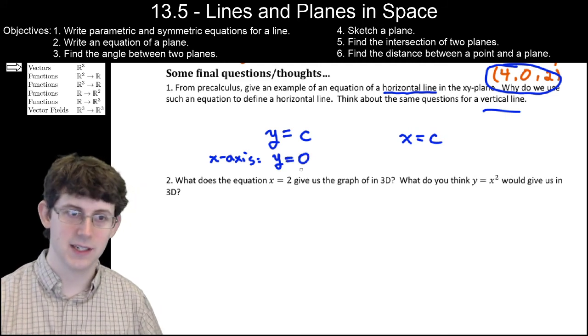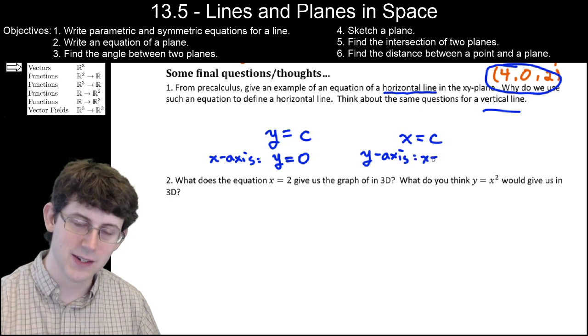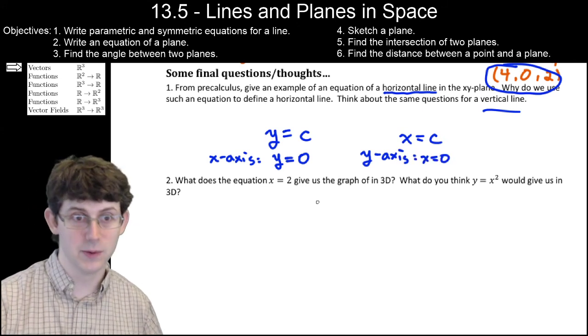So to pre-calculus students, this just seems completely unfair that the y-axis is at x equals 0 and the x-axis is at y equals 0.